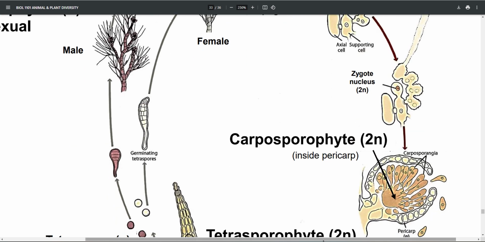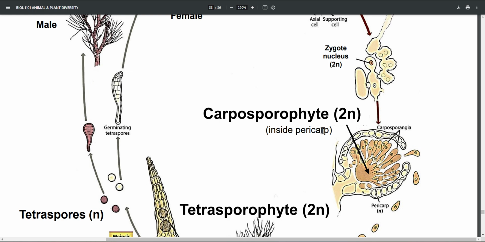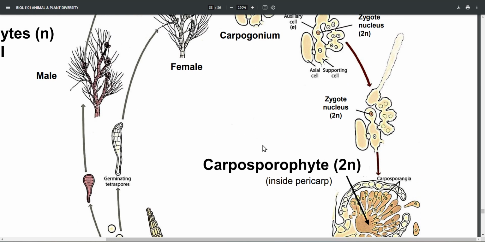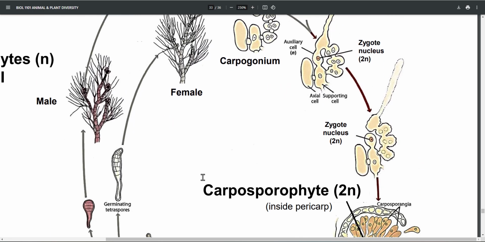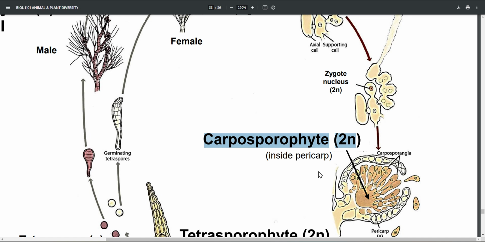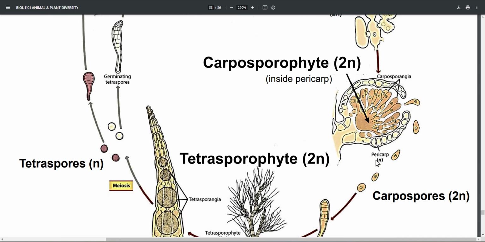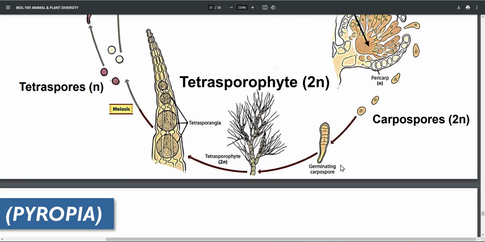The zygote is formed, and this is where the carposporophyte comes in. You can see the carposporophyte is within the female's body, inside the pericarp, and these are the carposporangia, where mitosis occurs to form carpospores. And these carpospores are special in that they are diploid; they're not haploid.